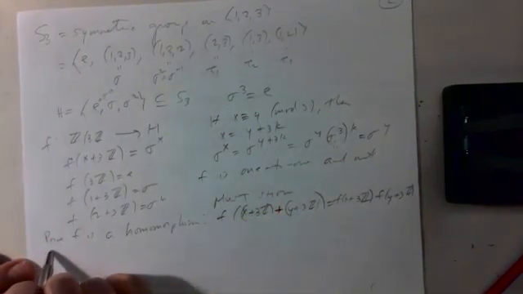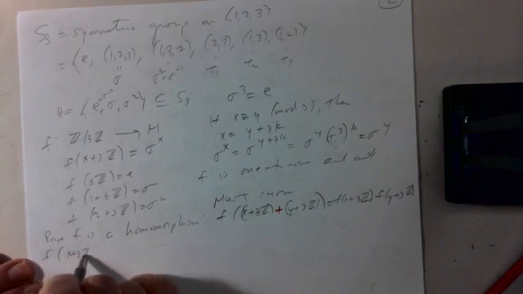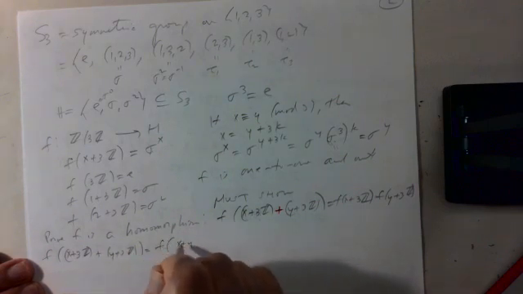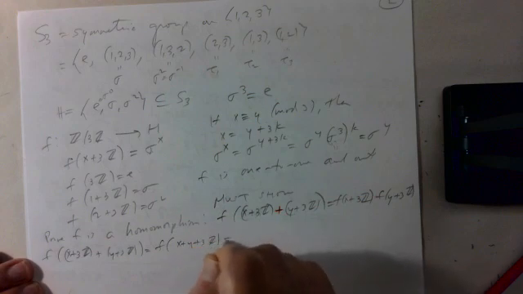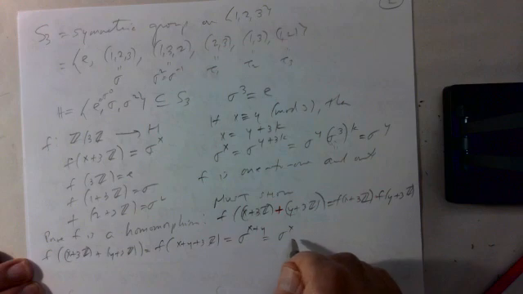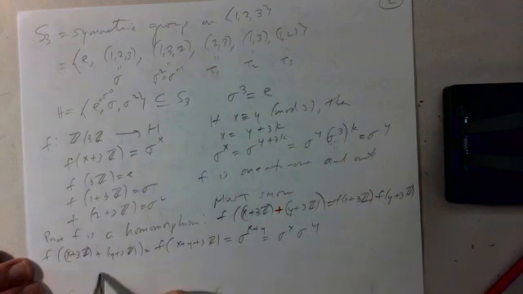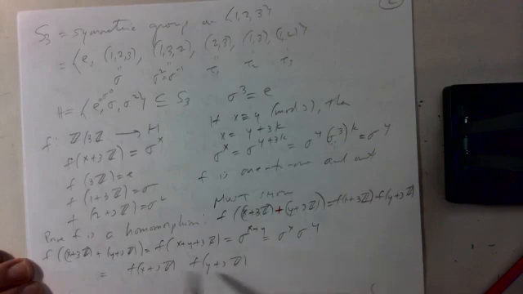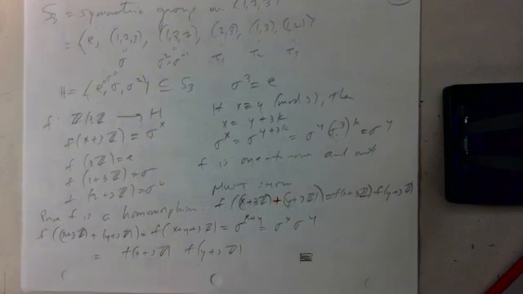So f of x plus 3Z plus y plus 3Z is just the congruence class x plus y plus 3Z. So that gets mapped to sigma to the power x plus y, which by the rules of exponents is sigma to the x times sigma to the y. Sigma to the x is f of x plus 3Z, and sigma to the y is f of y plus 3Z. So this is true. End of proof.